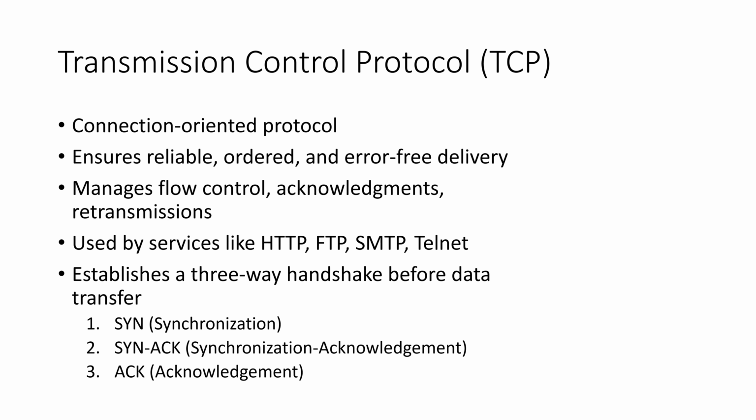Because of its reliability and order preserving features, TCP is used by applications where data integrity matters. Something like web browsing with HTTP or file transfers with FTP or sending emails via SMTP and remote sessions with Telnet or SSH.